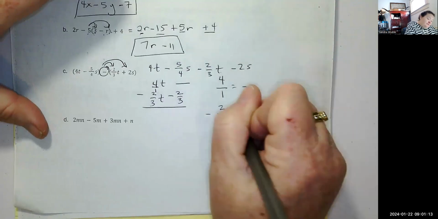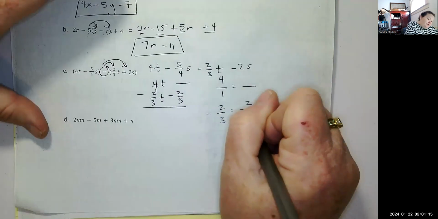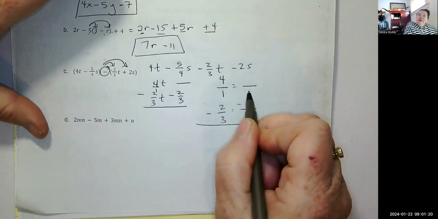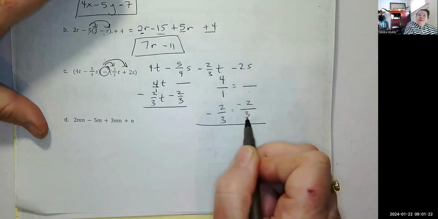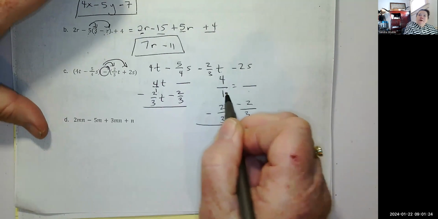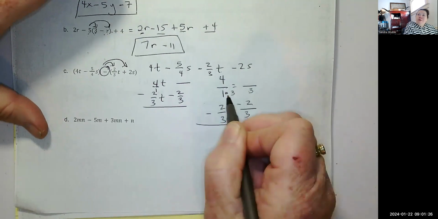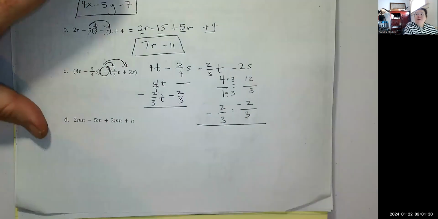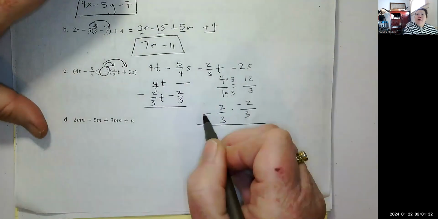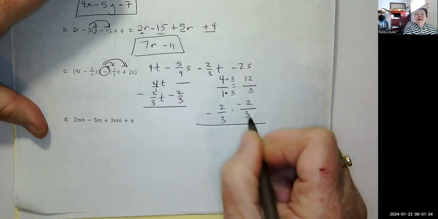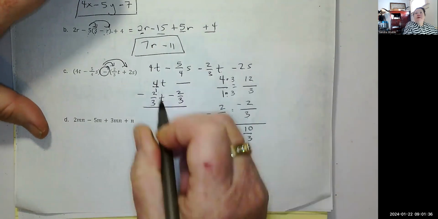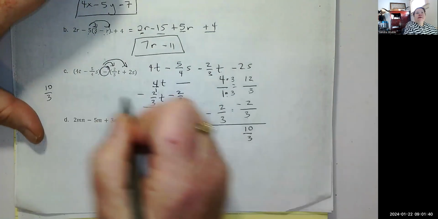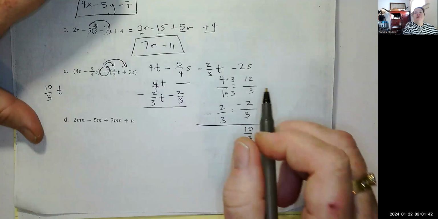This one stays 2/3. This one, we need to have a 3 in the denominator for them to combine. So because it's a 1, we go times 3 is 3. But what we do to the denominator, we have to do to the numerator. And that's how we get our common denominator. 12 minus 2 is 10 over 3. So that's 10 over 3 t.